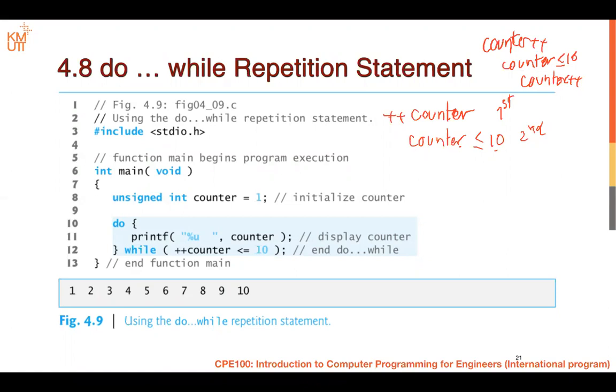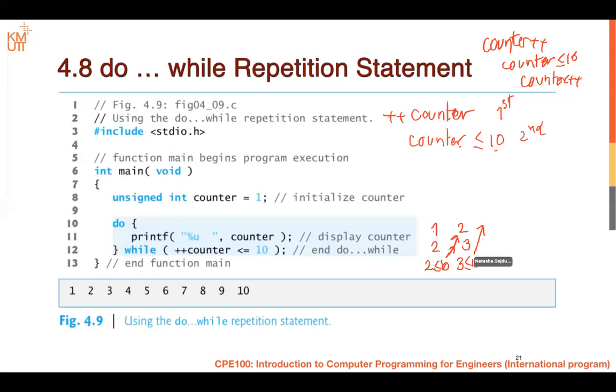So in this one you go step by step. You print out 1 first and then increment the counter, and then check 2 less than or equal to 10, and then print 2, and then the counter becomes 3, check 3 less than or equal to 10. Okay, it's still okay.